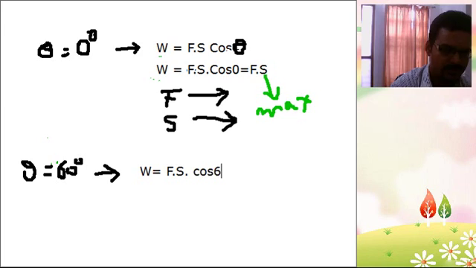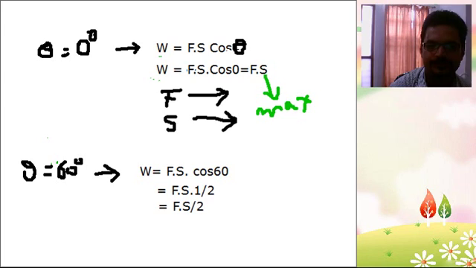The cos 60 value is 1 divided by 2. And so your work done value becomes F into S divided by 2. So in this way we can calculate the amount of work done if angles are given to us. But remember, force and displacement should be in the same direction.